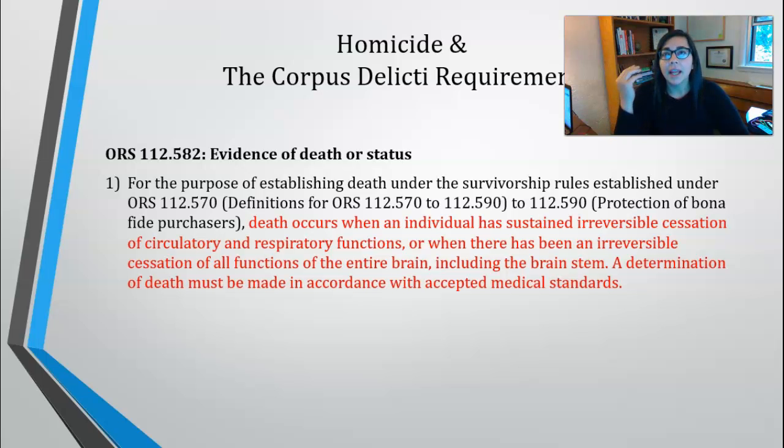Now, if a medical examiner shows up to a scene and says, yep, this person's definitely died, or if paramedics are called to the scene and they end up calling death during the time that they're giving aid, or some other medical professional is able to call the death, then you know that this has been made in accordance with accepted medical standards.